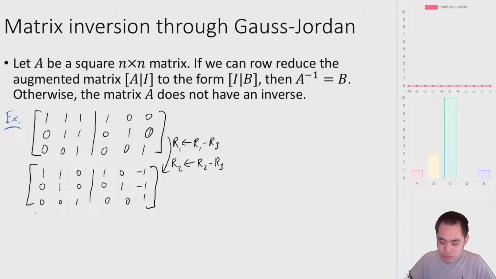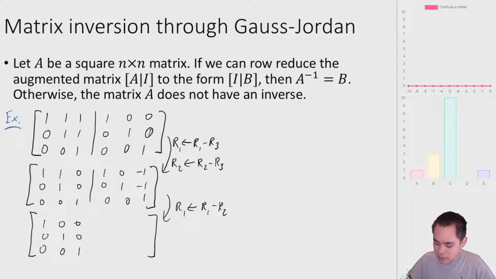And let's do it again. R1 is going to be R1 minus R2 now. And so then you end up with 1, 0, 0, 0, 1, 0, 0, 0, 1, and 1, minus 1, 0, 0, 1, minus 1, and 0, 0, 1.